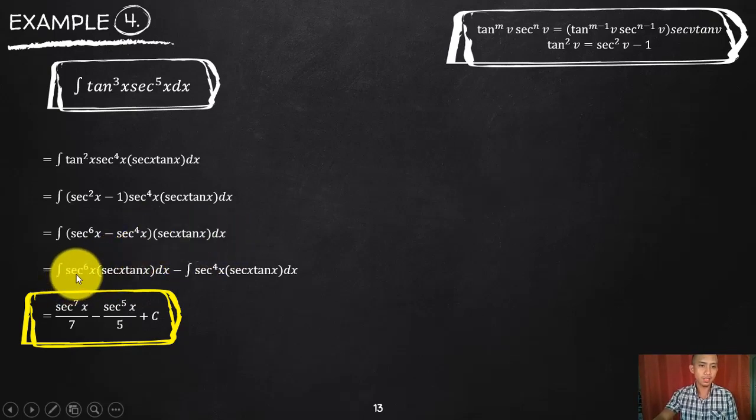Let's say your u is secant x. The derivative is sec x tan x dx, so we do not need to balance anything. And the same with this, the only difference is the power. So power rule: copy, n plus 1 will be 7, over n plus 1 which is 7. Same here, n plus 1 over n plus 1. So this is your final answer for number 4.